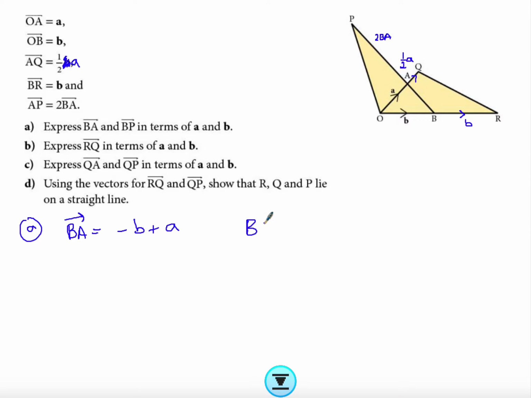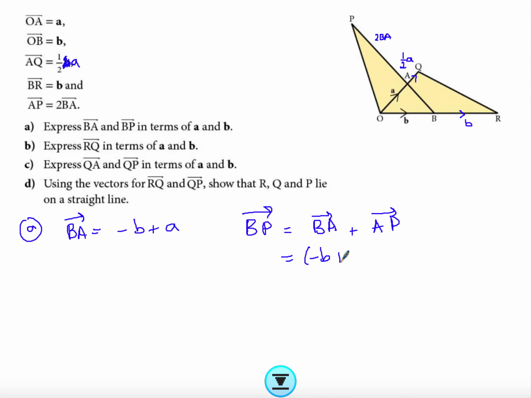And then B to P. So moving from B to P, I have to move B to A and then A to P. We have B to A from the first part.